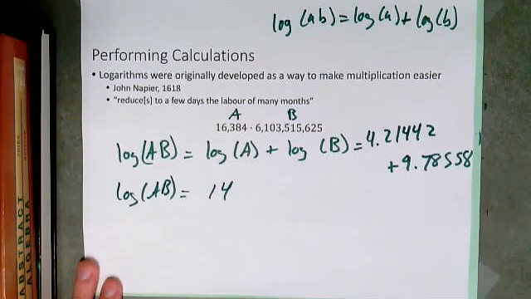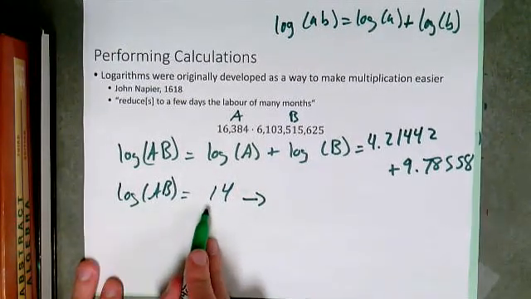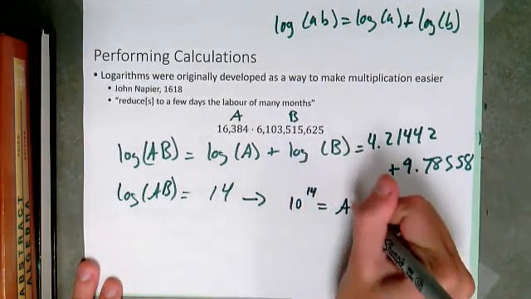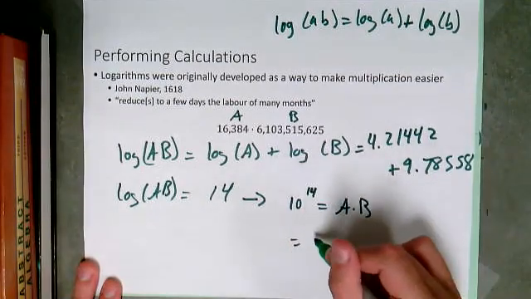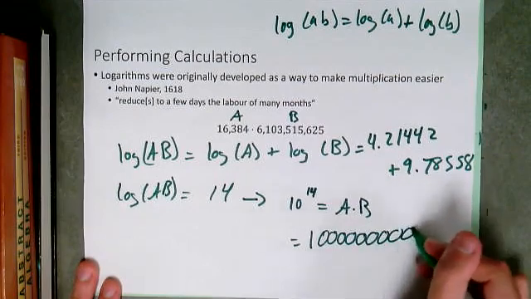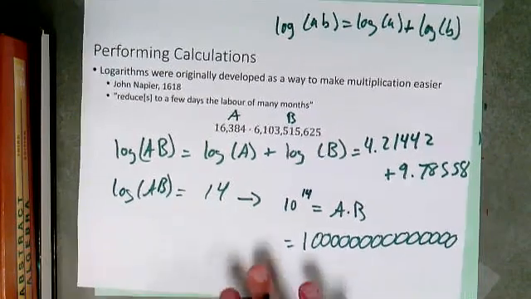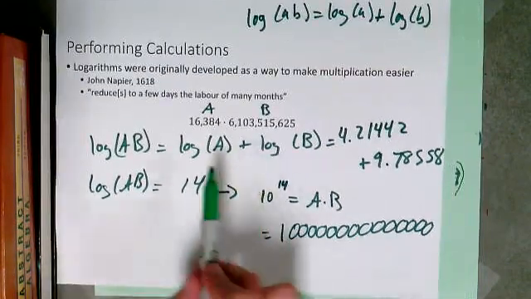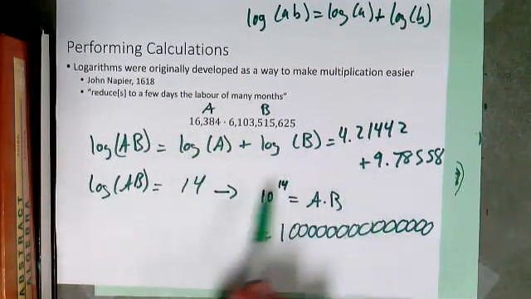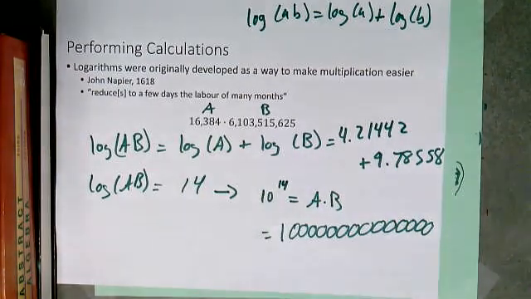Yeah, that's equal to 14 solid. And so we take the log of AB equals 14, change that into an exponential, and we get 10 to the 14 equals A times B, which is 1 and 14 zeros. Too many zeros. Anyway, it's a lot easier to, instead of just multiplying this nonsense out, figure out the logs and get some sort of smaller addition and then take an exponent.